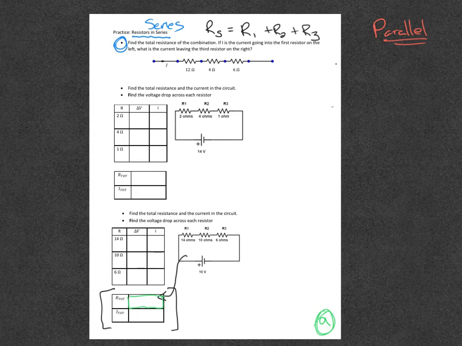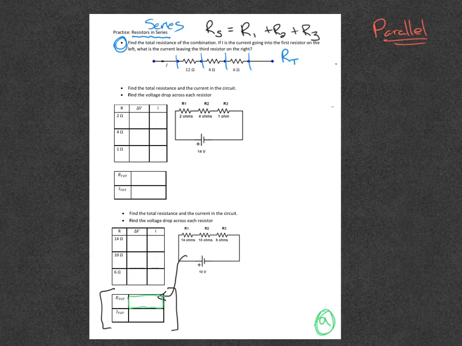So here it goes. If you see one circuit right after another, and it can be 2 of them, it can be 3 of them, it could be 23,000 of them, but as long as there is no split in the pathway, that's a series circuit. And there's a formula for finding the total resistance. If someone said, what is the total resistance of the circuit?